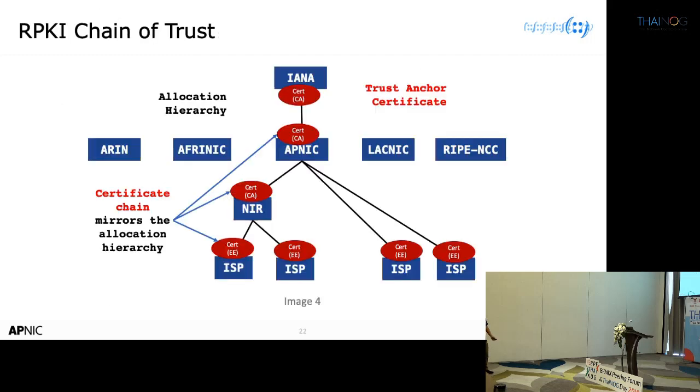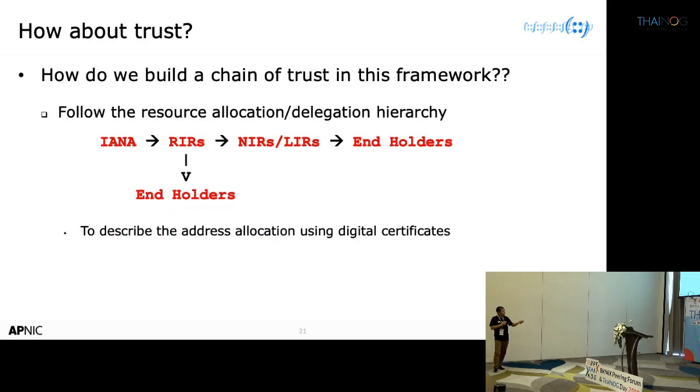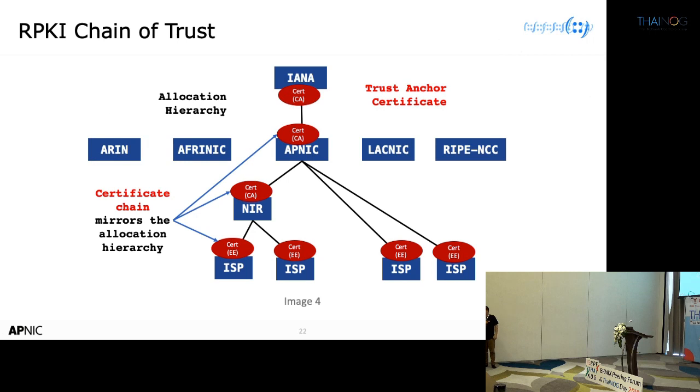And how do we build that? Paul has already touched upon this, right? Theoretically, IANA is the one who gives big chunks of address space to all these 5 RIRs. And it's these RIRs who delegate this address space down to end ISPs. So we can use that same delegation hierarchy. We use what's called a resource certificate.